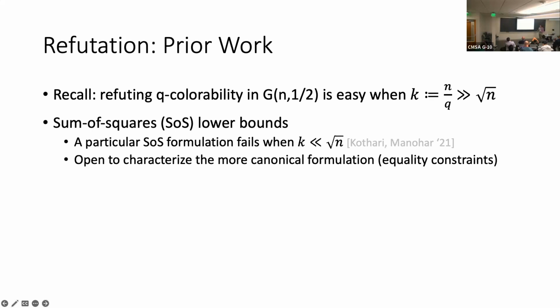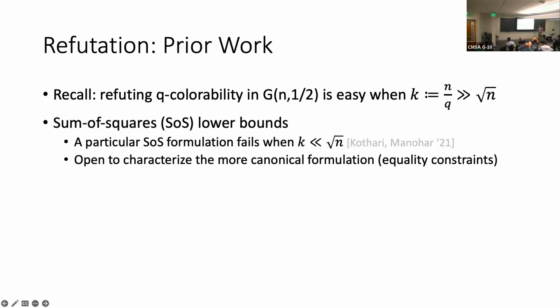An alternative way to try to argue that refutation is hard is using sum of squares lower bounds. Sum of squares is a powerful hierarchy of algorithms that can solve refutation problems. If you're able to show that sum of squares algorithms fail, you can think of this as some evidence for why it should be inherently hard. There is a result along these lines saying, when k is smaller than root n, there's a particular SOS formulation that fails.